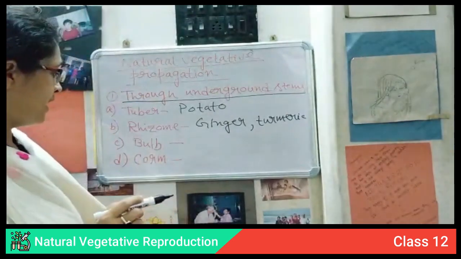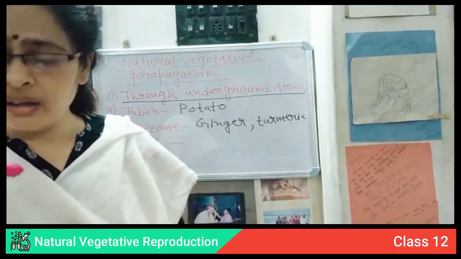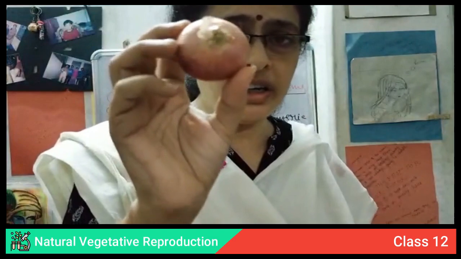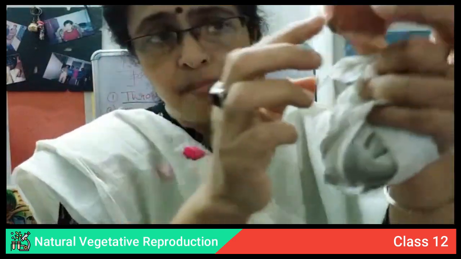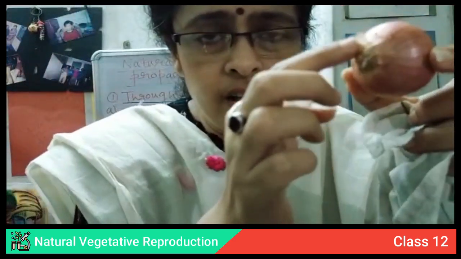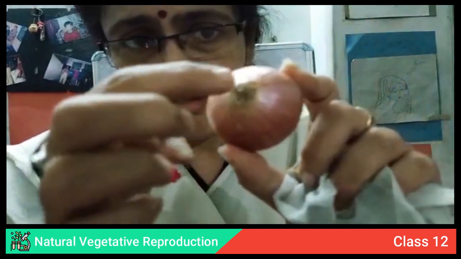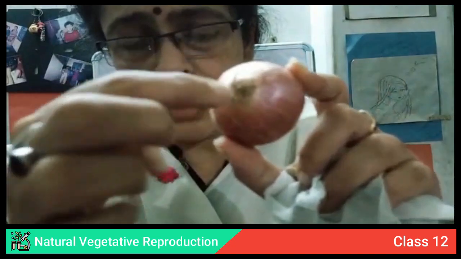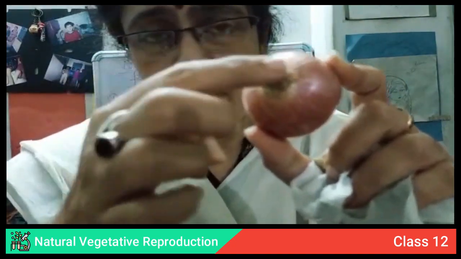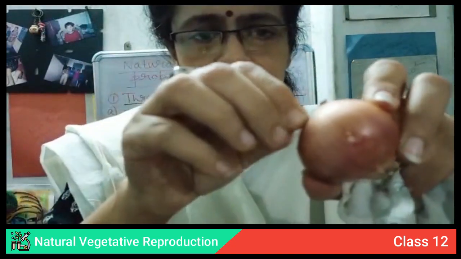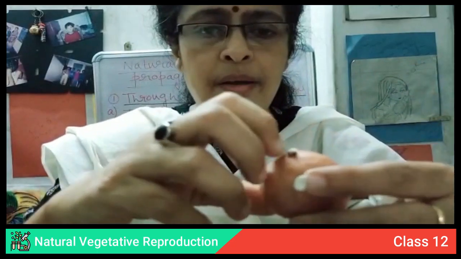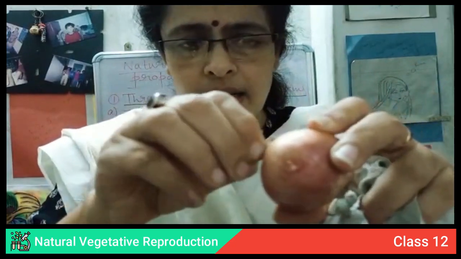Now next is bulb. You see the bulb, this is onion. That portion of the onion is its stem, from where roots arise. This is the stem of an onion, and this scaly leafy papery part is the leaves.